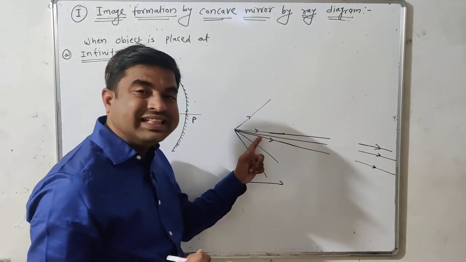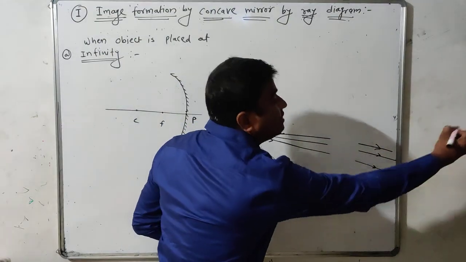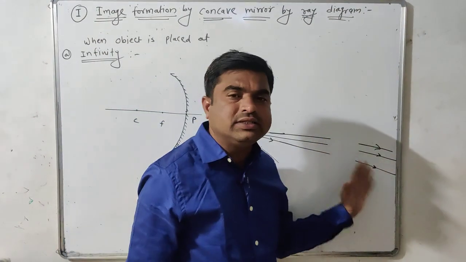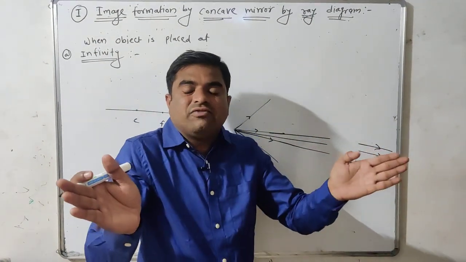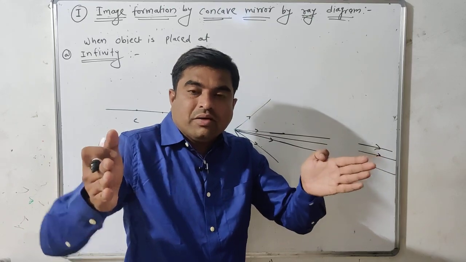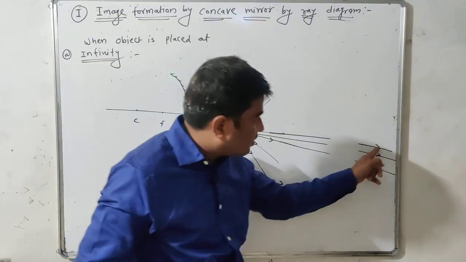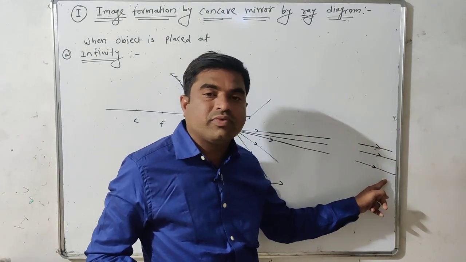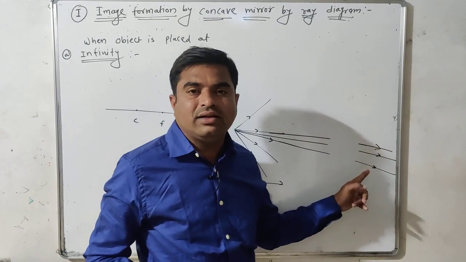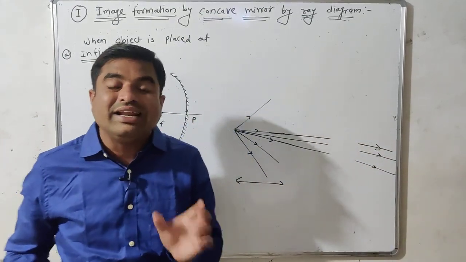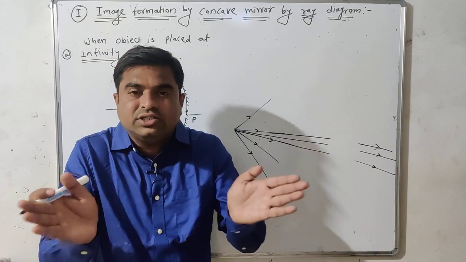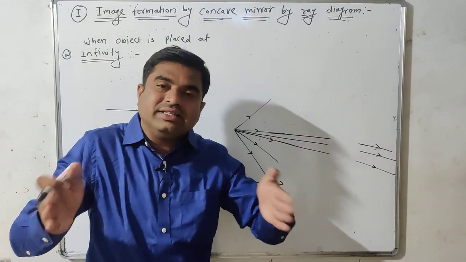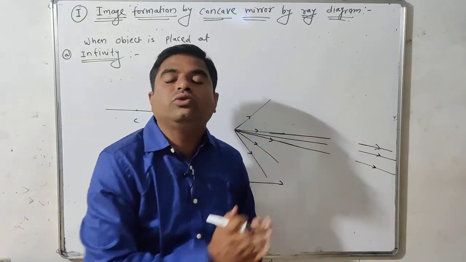But when these rays travel an infinite distance, a very long distance, they look parallel to each other like this. Therefore, we conclude that whenever a ray of light which is initially diverging travels an infinite distance, the rays are found to be parallel to each other.